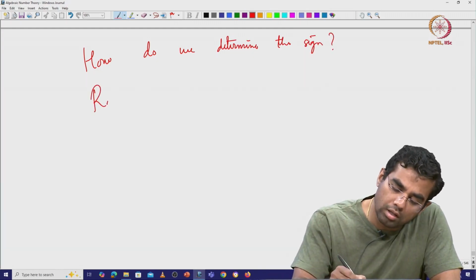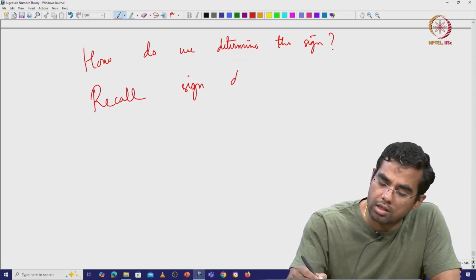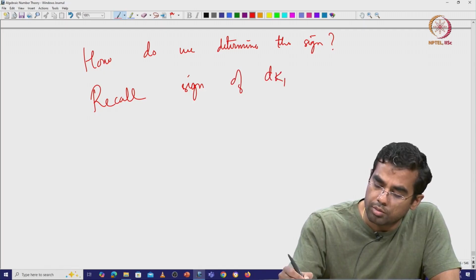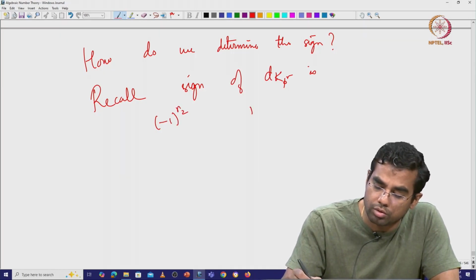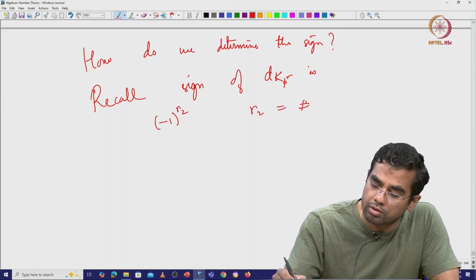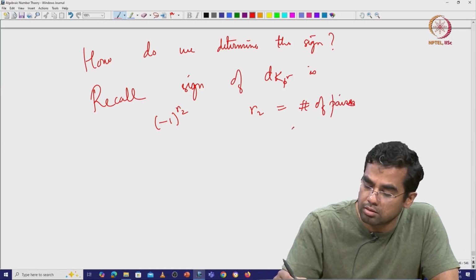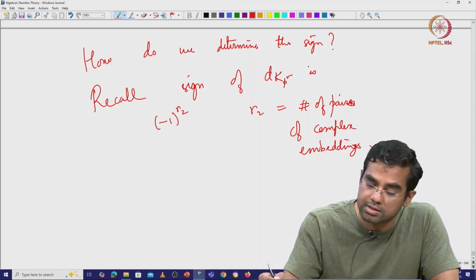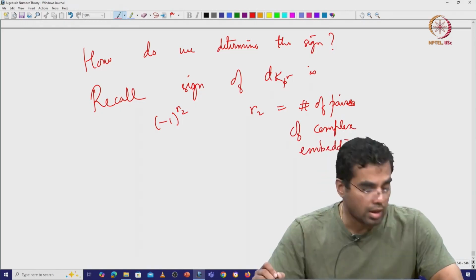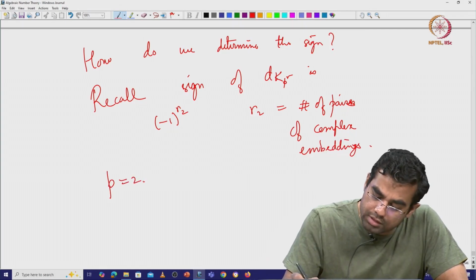Recall that we proved this a long time ago: the sign of dk for p to the r is minus 1 to the power r2, where r2 is the number of pairs of complex embeddings, which is also equal to the number of complex places, right. So let us take p equal to 2 first.